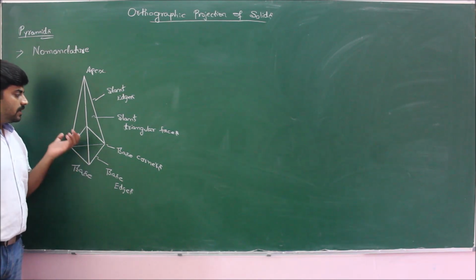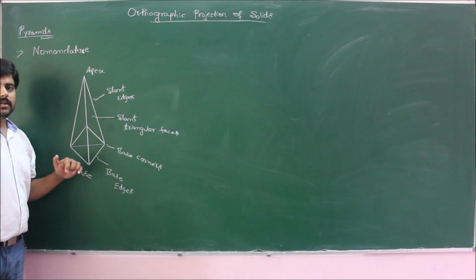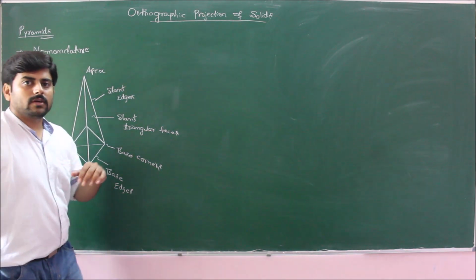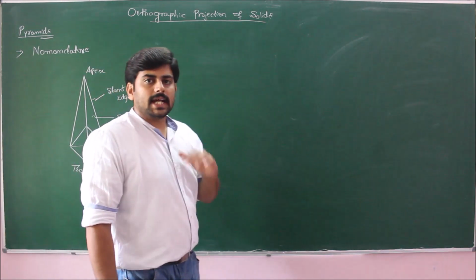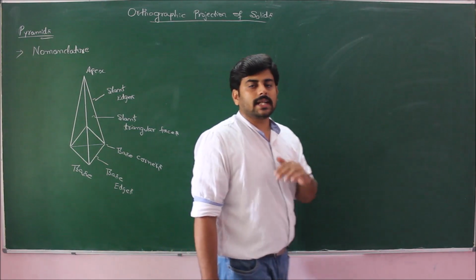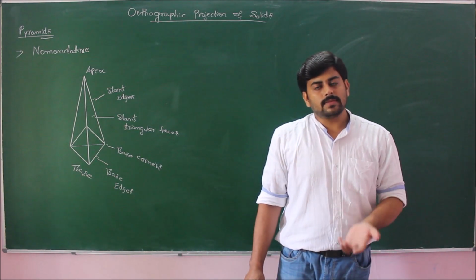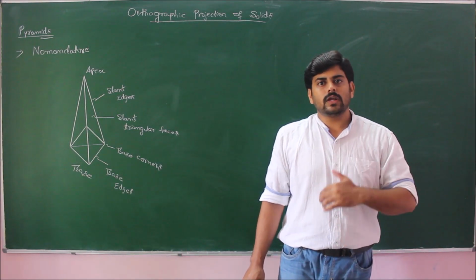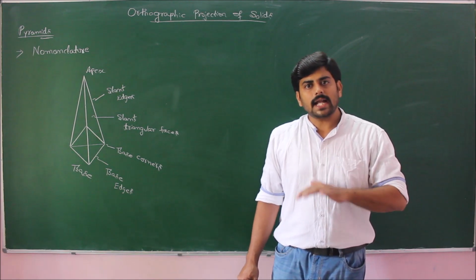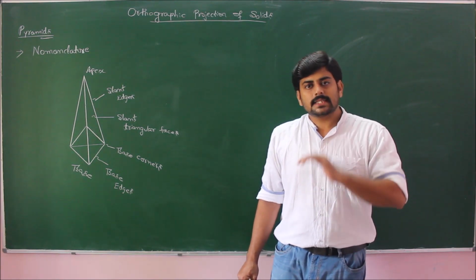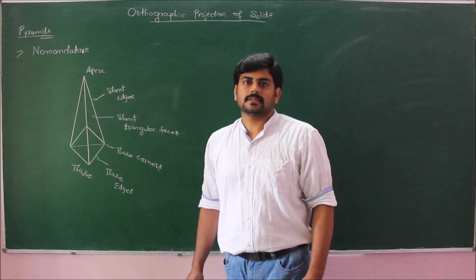Similarly, if I draw a pentagonal pyramid, it will have 5 slant edges and 5 slant triangular faces. Similarly, for a hexagonal pyramid, we will get 6 slant edges and 6 slant triangular faces.